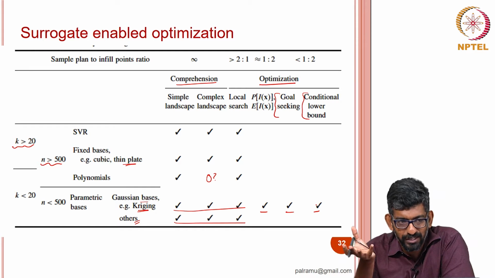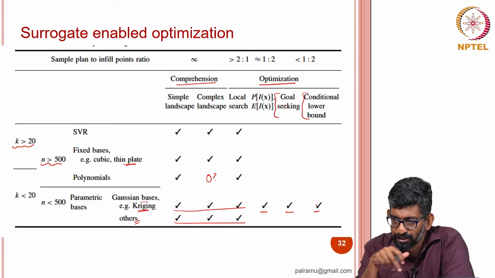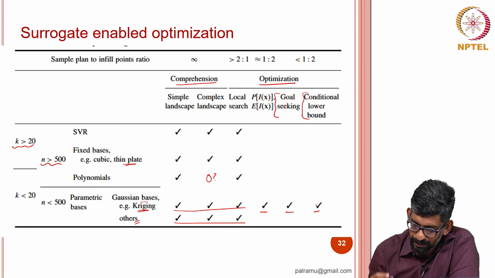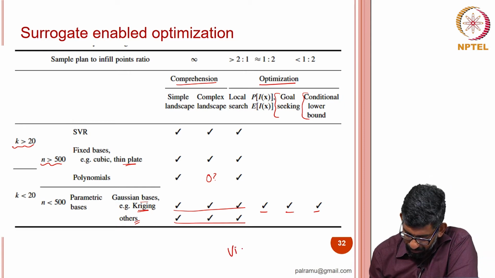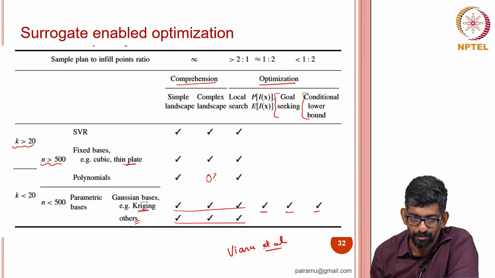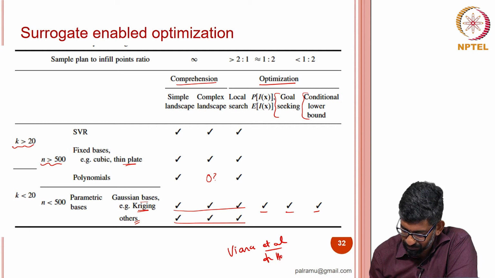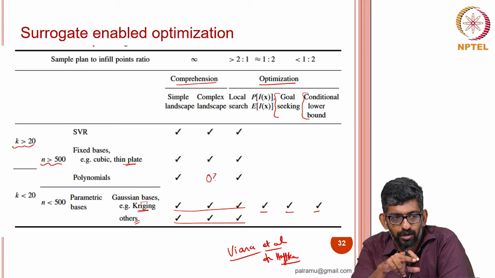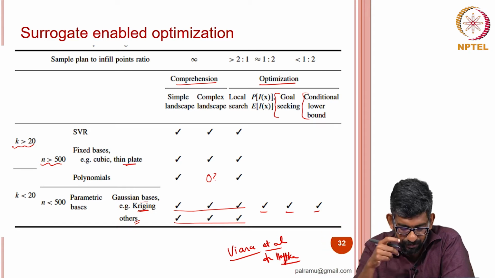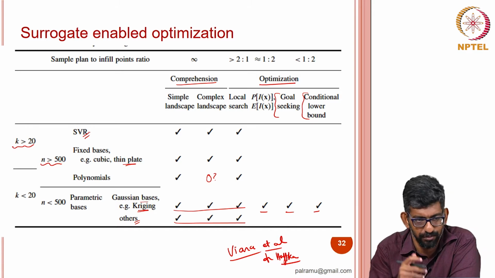It gives you the prediction variance, based on which you bring all this information. But it has also been shown in a paper by Viana and Haftka that you can import the uncertainty of your error from one model to another model. So if you want to do SVR, you can use SVR, build it.